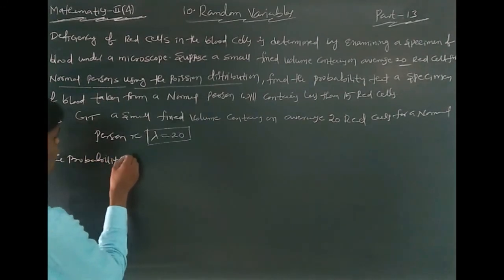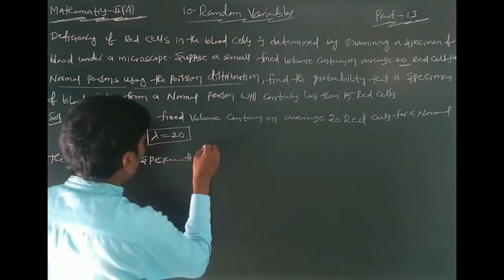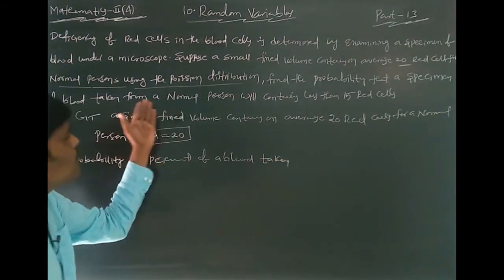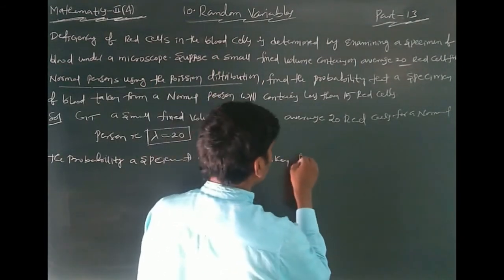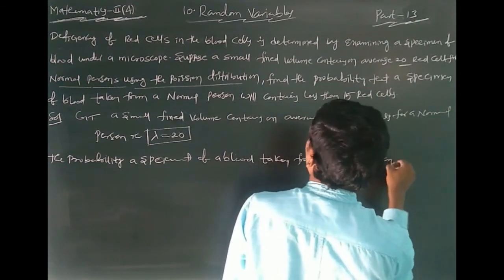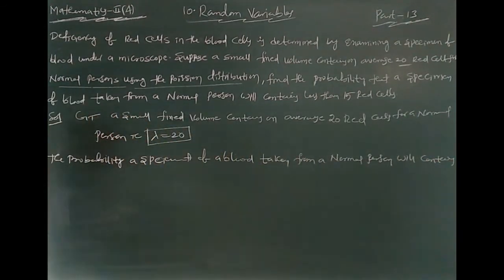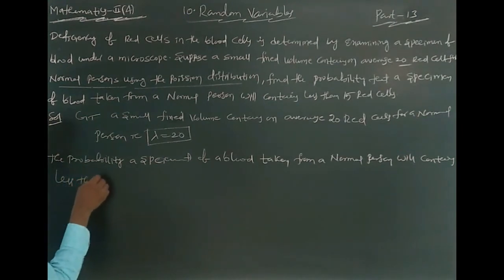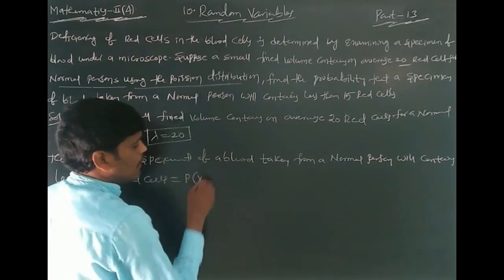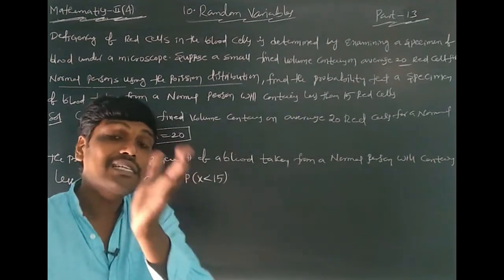After that, find the probability that a specimen of blood taken from a normal person will contain less than 15 red cells, equal to the probability of x less than 15.